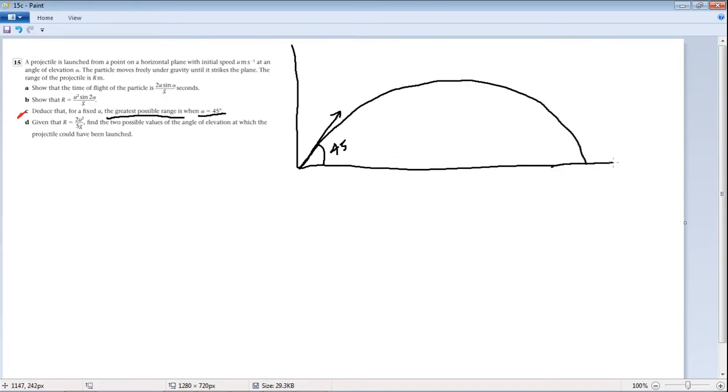Below that it will go over here, or above that it will go over here.